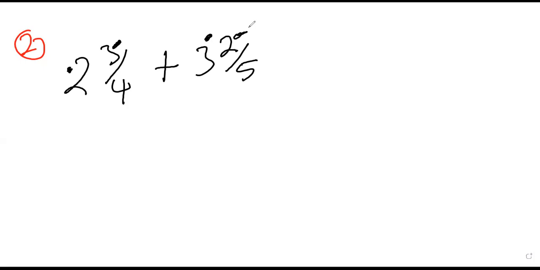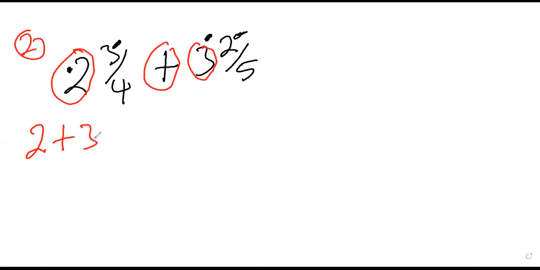First of all, you could take your whole numbers. You have 2 whole numbers here, and you have a plus sign in the middle. You could take the whole numbers and add them automatically, and go ahead with the rest. So how do you do that? You're going to say 2 plus 3.